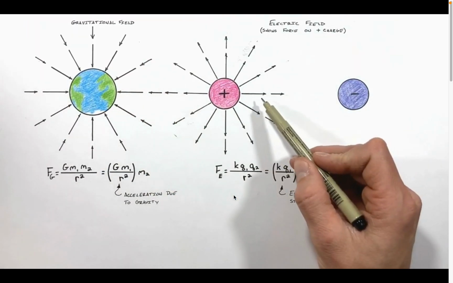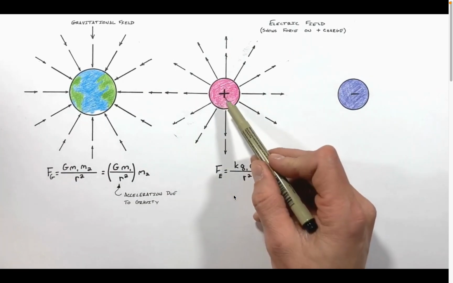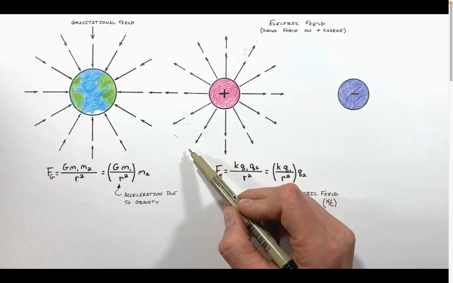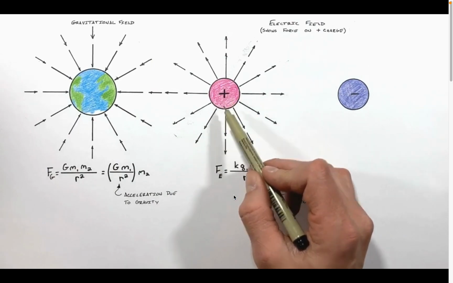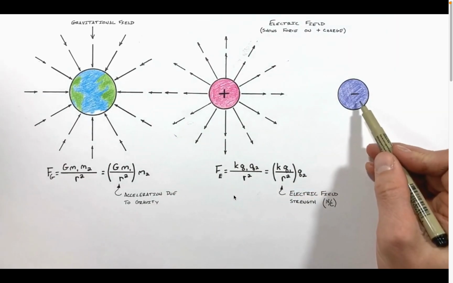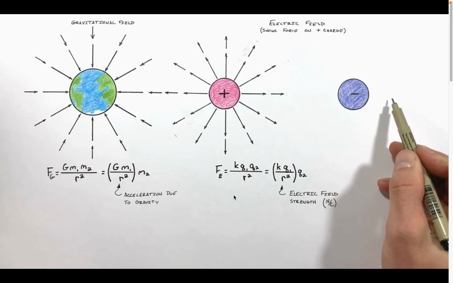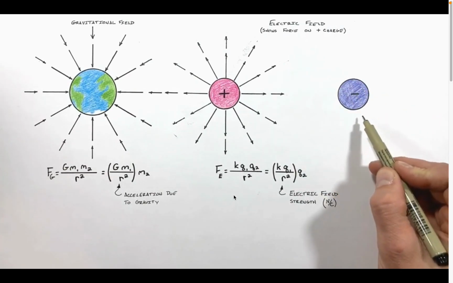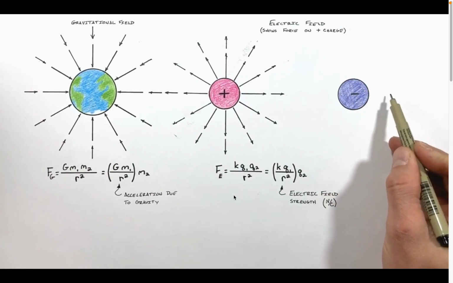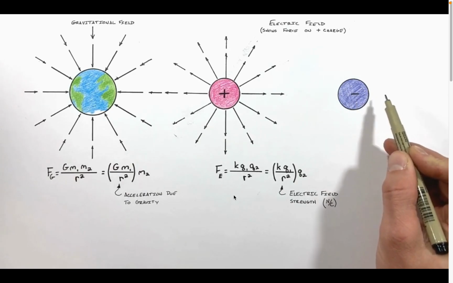So we show the electric field as acting away from this positive charge, and we're also able to show that as a test charge is placed farther and farther away from this central charge, the electric field is going to be weaker and weaker. And the convention holds true when we show the electric field around this negative charge as well. If we were to place a positive test charge anywhere around this central charge, it would be drawn inward toward this central negative charge. So we show the arrows as acting inward.